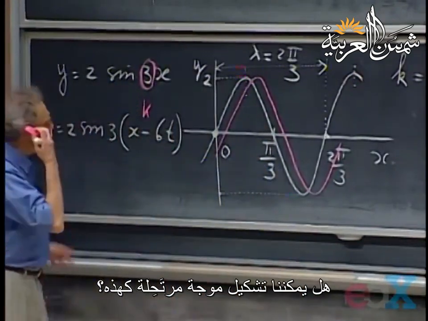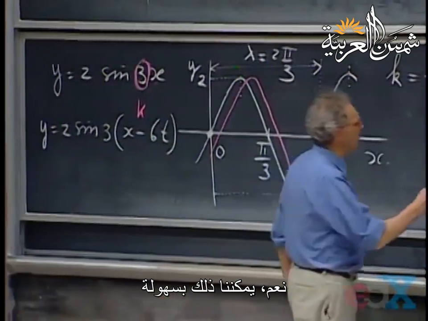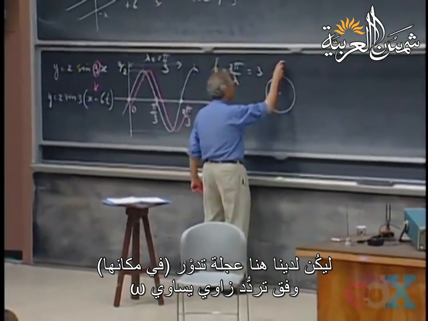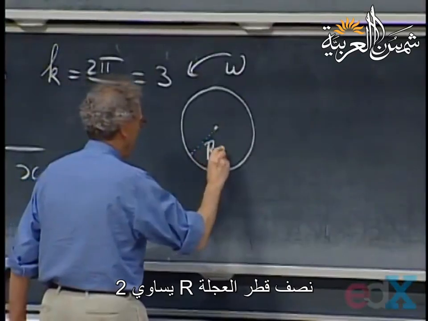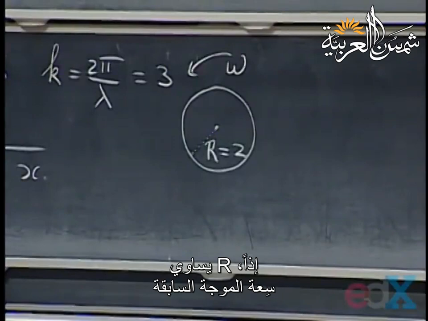Can we make such a traveling wave? Yeah, we can do that actually quite easily. Suppose I have here a rotating wheel, which rotates with angular frequency omega, and let this have a radius r, and I give it 2 units so that I get the same amplitude that I have here.